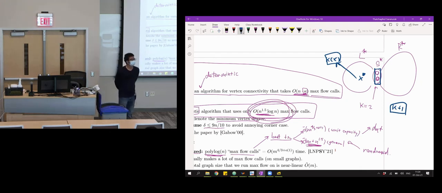Maybe we repeat for I iterations, and then for I plus 1 iterations. If there exists any candidate such that kappa of x is less than I, then we are done. But what if we keep choosing vertices from S? The cut between vertices in S cannot guarantee some values.